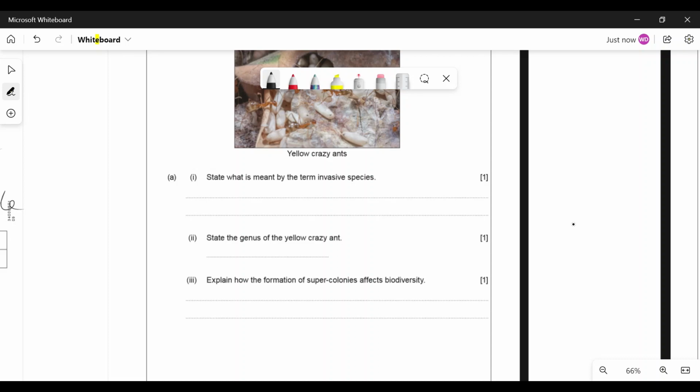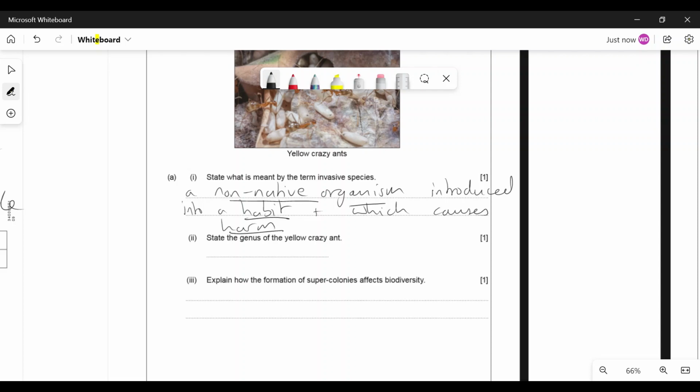It is a non-native organism, which is a term you had to state, or words to that effect, an organism that doesn't belong in an environment, introduced into a habitat or an environment or a country, you have to include one of those terms, and which causes harm. Didn't really accept causes problems. Try and say causes damage or causes harm.